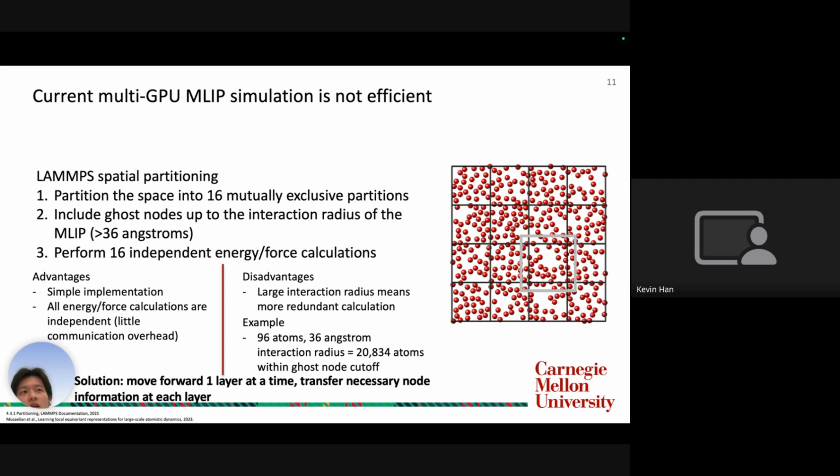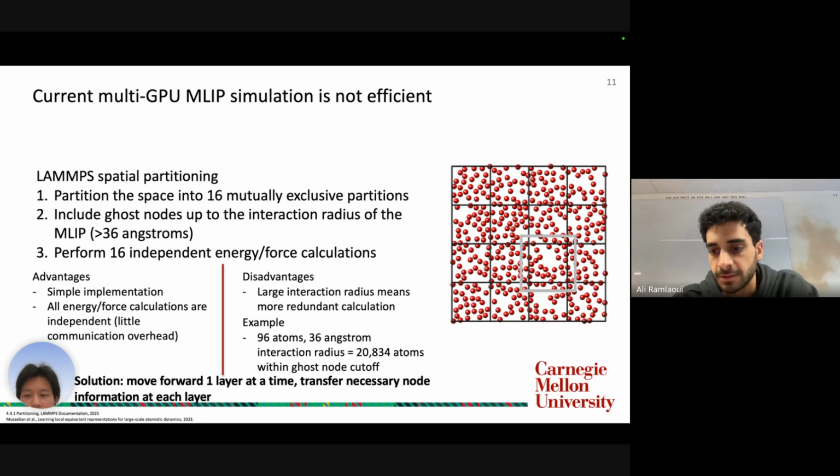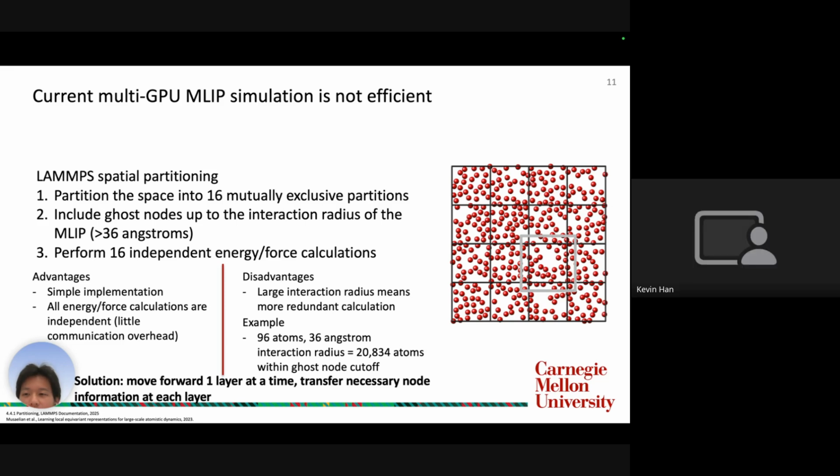But we use node density as a proxy for edge density. A simple implementation would be something like a KD tree, where you try to load balance the nodes across your partitions. Right, and is this already embedded in LAMMPS? Oh yeah, LAMMPS already supports this. Okay.